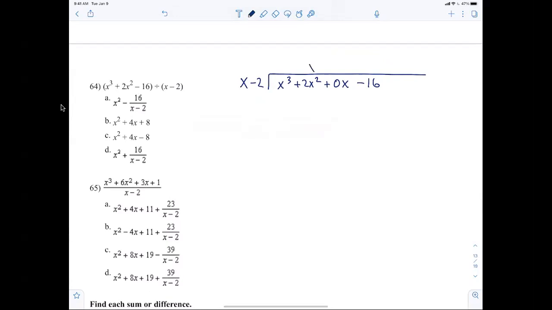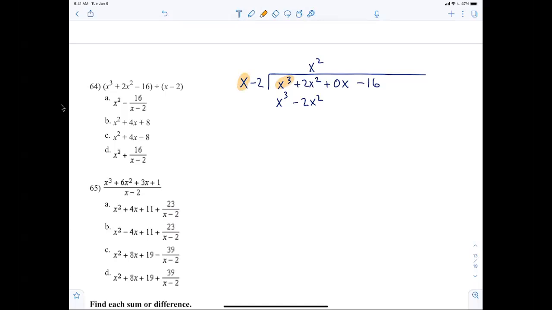So that would be x squared. Say it again. Come on, Austin. I just forgot. How did you do it? You always remember: x cubed divided by this. That's all it is. The first term divided by the first term. That's 4x squared plus 0.